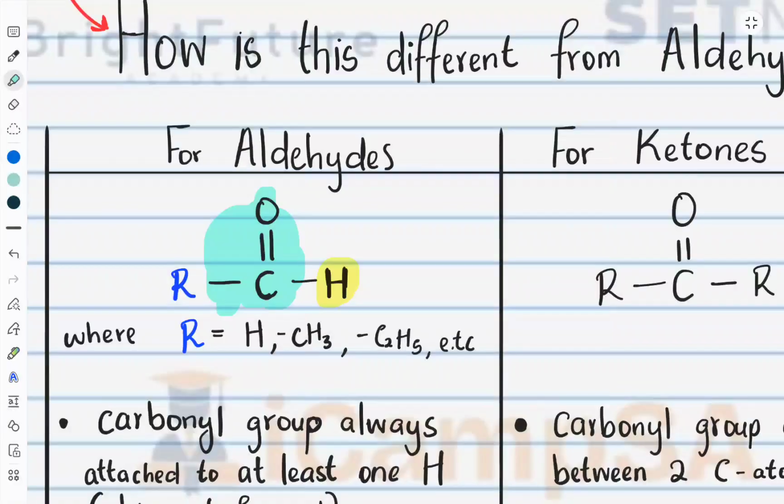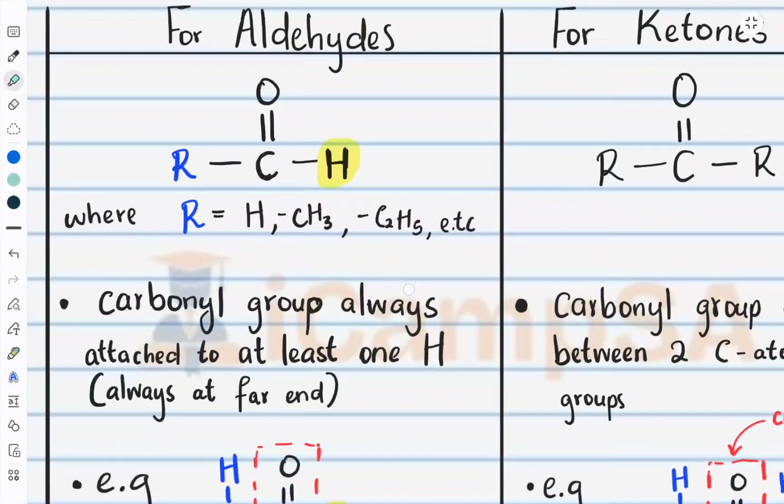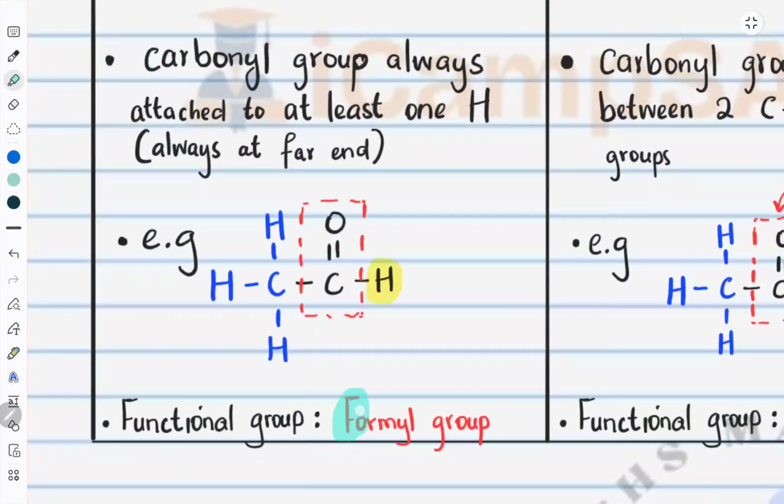It's okay to say they both have the functional group, which is a carbonyl group, but now that the situation is different in terms of their location along the carbon chain, they also get different names. So for aldehydes, the specific name applicable to this carbonyl group is called a formyl group.